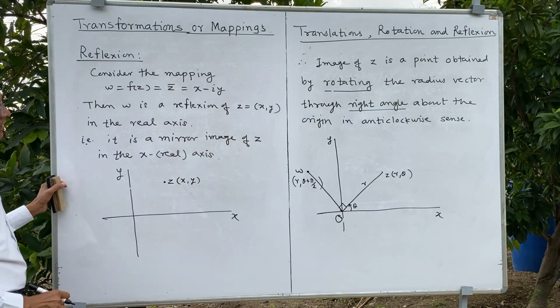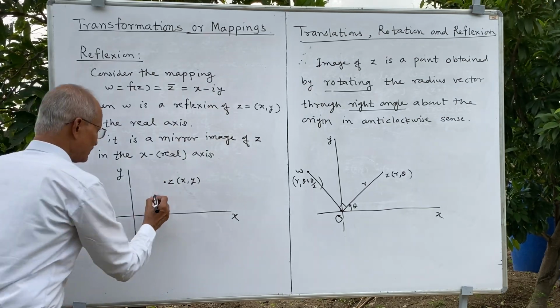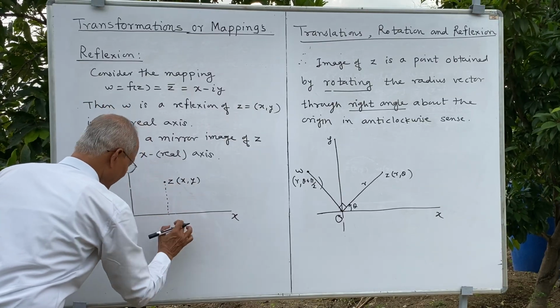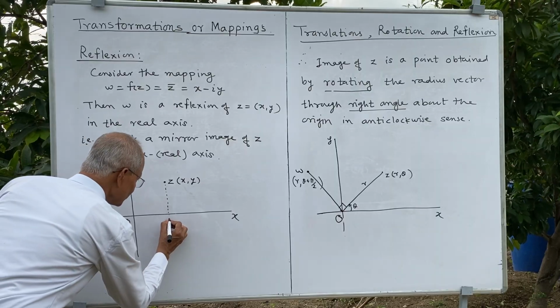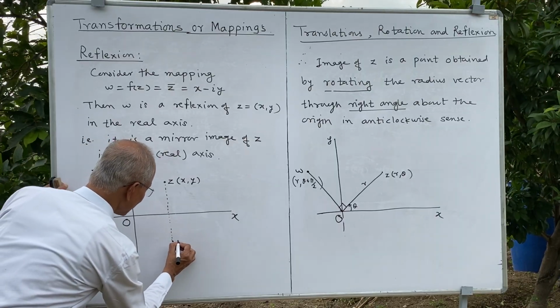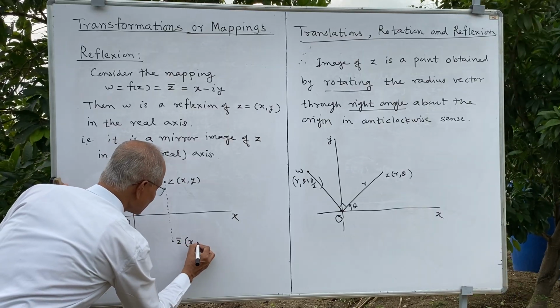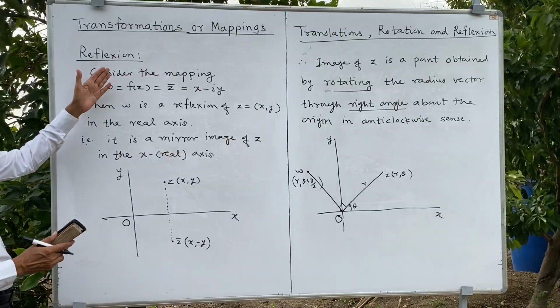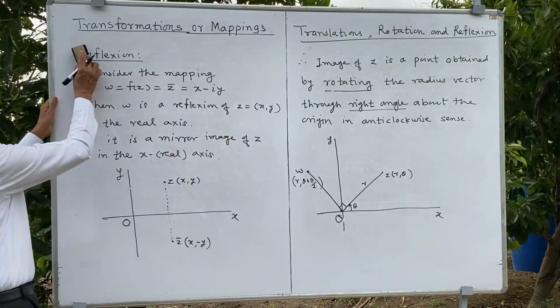So its imaginary part is negative, and therefore this will be exactly the mirror image of this point in the x axis, and this will be the point z bar having coordinates x and minus y. So thus this is an example of a reflection.